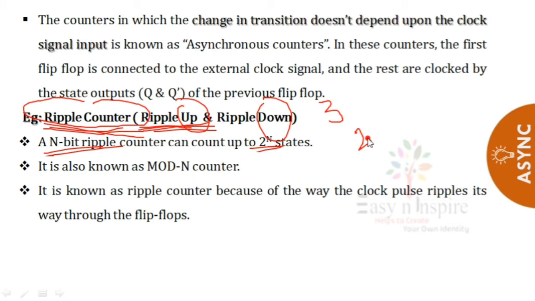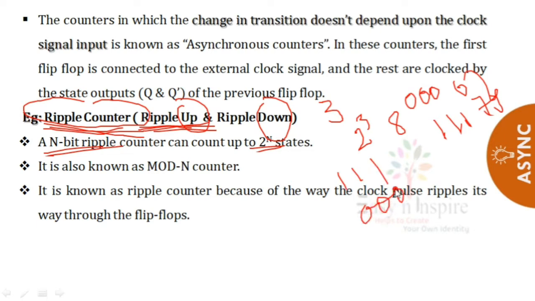It is having 2 power 3, 8 states, from 000 to 111, means 0 to 7. In up counting it goes 0, 1, 2, 3 up to 7. In down counting it goes 111 to 000, which means 7 to 0. It is called down counting.